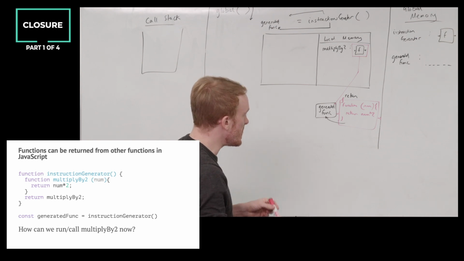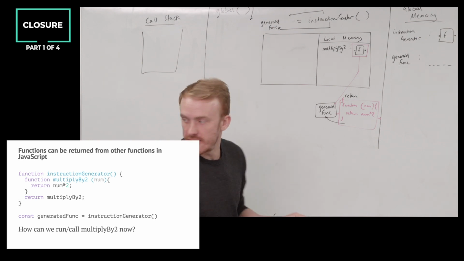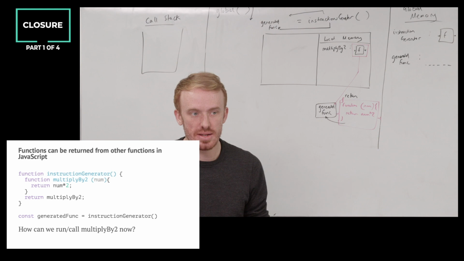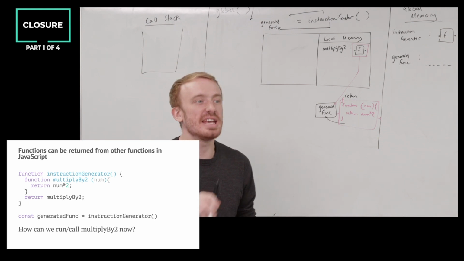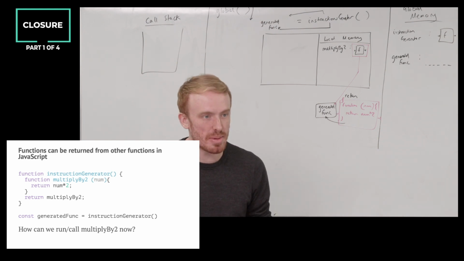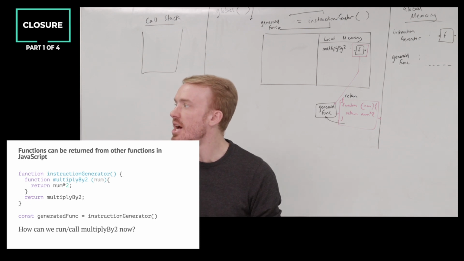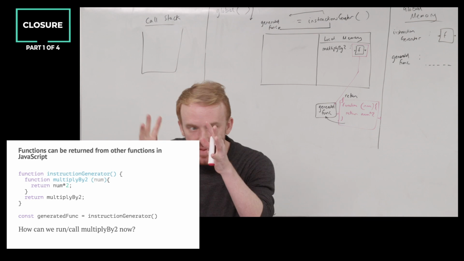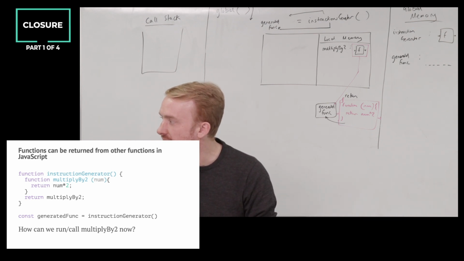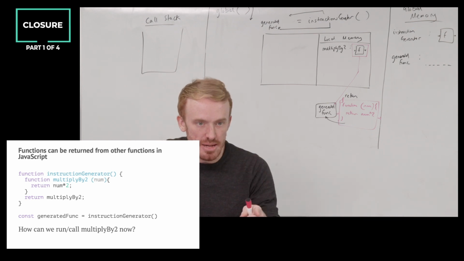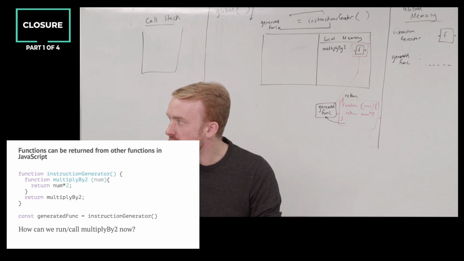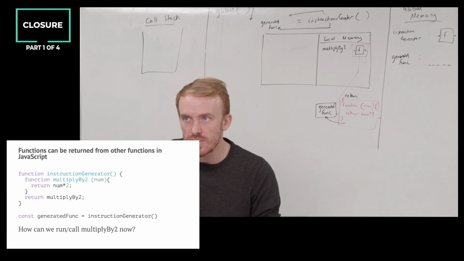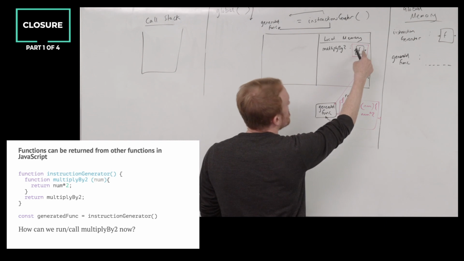So what is generatedFunc at this point? It's really multiplyBy2. It's the functionality we used to call multiplyBy2 inside of instructionGenerator before we returned out that function definition, that set of instructions, and gave it a new global label. Inside it was known as multiplyBy2, but that line, return multiplyBy2, says, JavaScript, go look at what multiplyBy2 is.